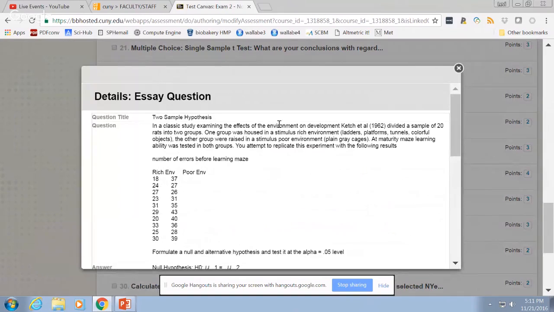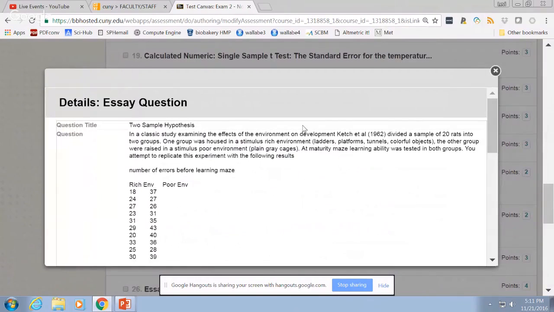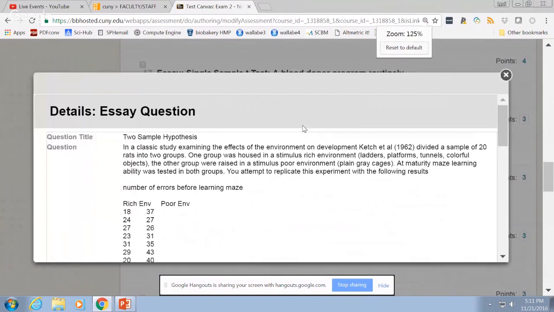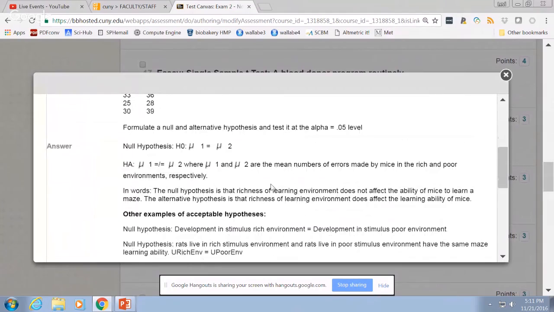Effects of the environment on development in mice. So we have two groups of mice, one in a stimulus-poor environment and one in a stimulus-rich environment. Let's see if I can make this bigger. Can you read that okay? So what is a null and alternative hypothesis?